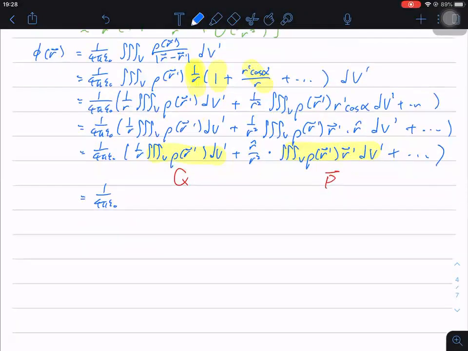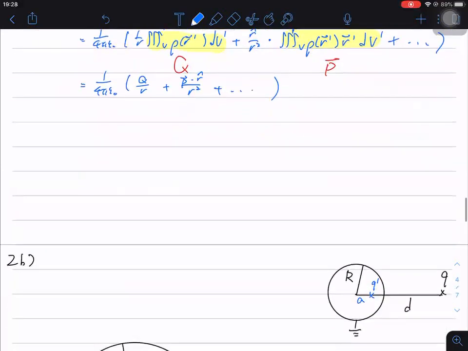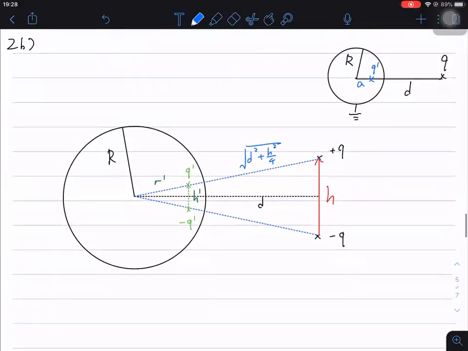Now we can simplify this form into this. We have the leading order term, 1 over r, as the contribution of the monopole moment, and the next term is the contribution of the dipole moment, which is the 1 over r square term, and then all the higher order contributions. Okay, so that's the solution of question 2A.